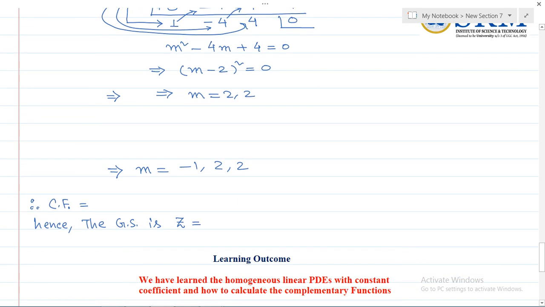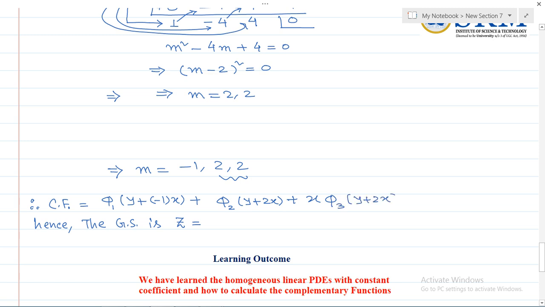The complementary function is going to be φ1(y + m1x), that is φ1(y − x), plus, for the repeated root, the first term is φ2(y + 2x). Now since it is repeated 2 times, x goes outside, thereafter φ3(y + 2x).